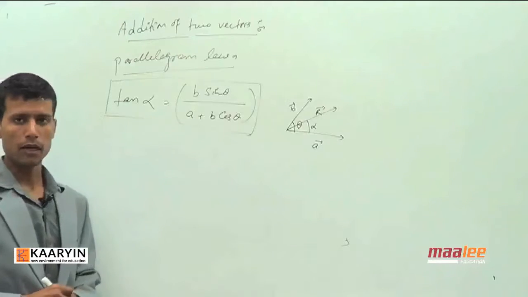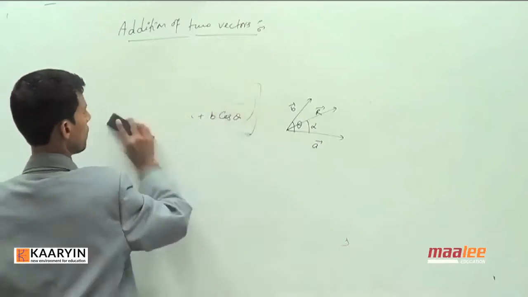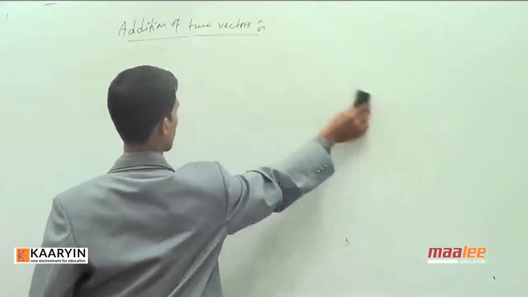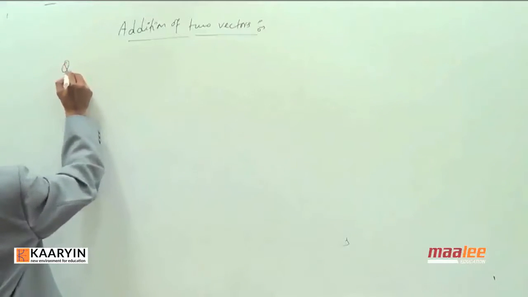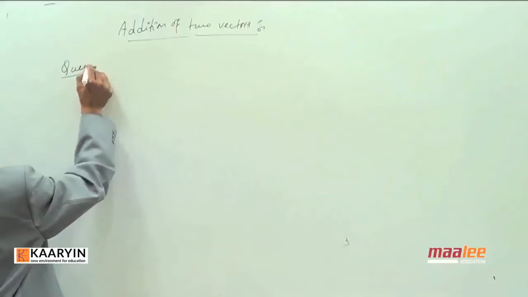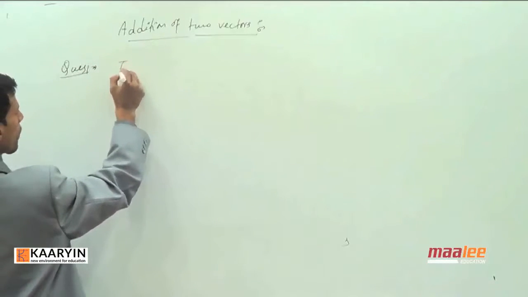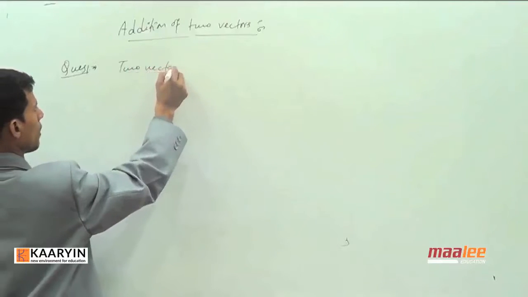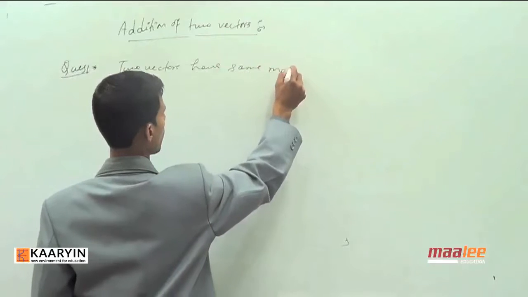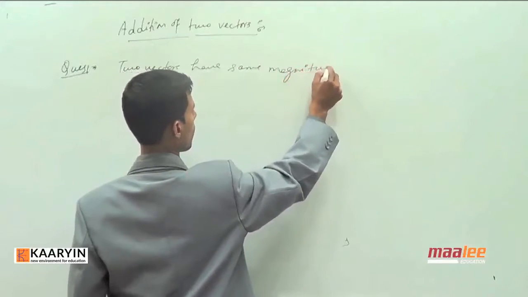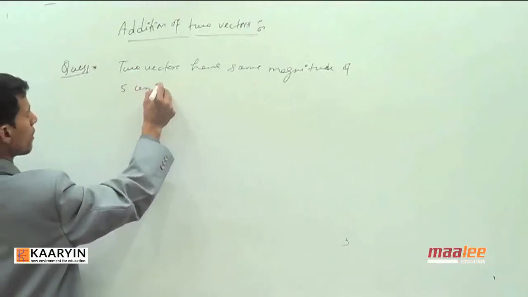Now to do that we will first solve a simple problem. Suppose we have two vectors that have the same magnitude of 5 units each.